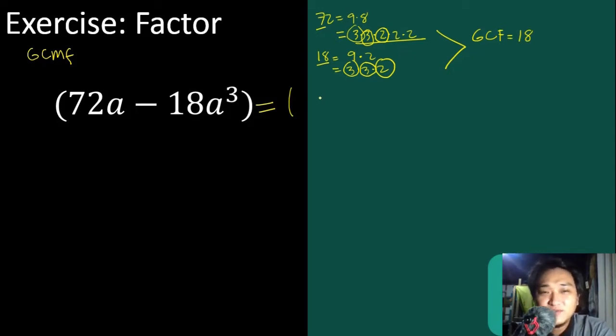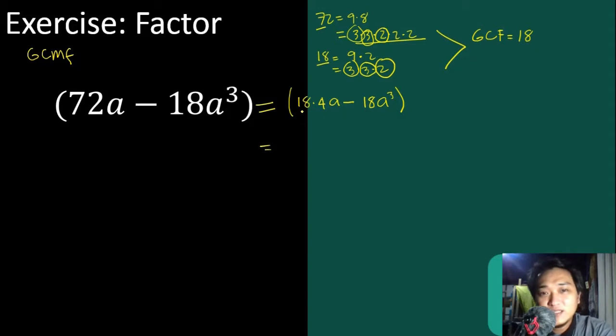So, ano kaya yung pwedeng gawin kay 72? Ang gagawin natin kay 72, that is 18 times 4. Bakit? Kasi 18 times 4 is 72. A minus, how about 18? Oh, let us leave it as 18 na lang, 18A cube.